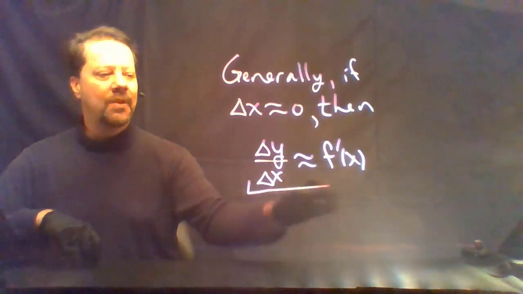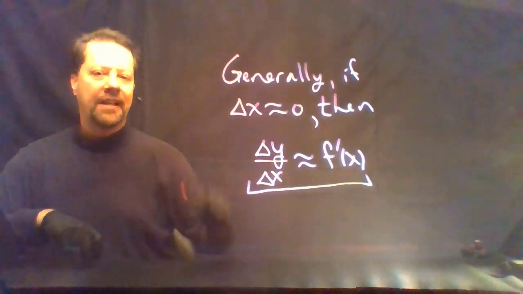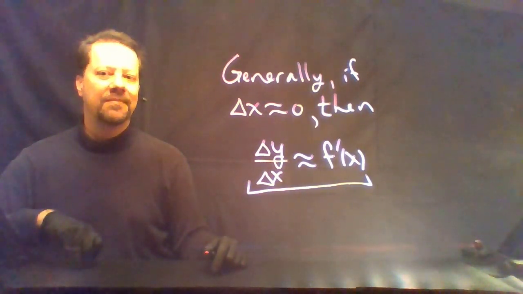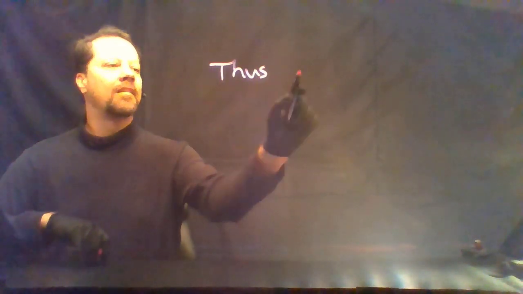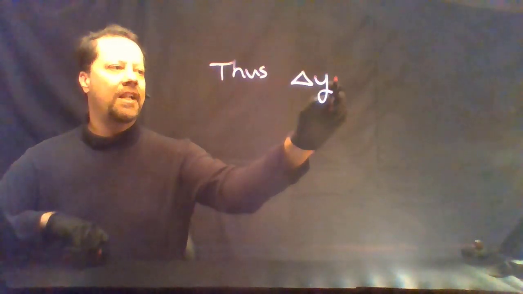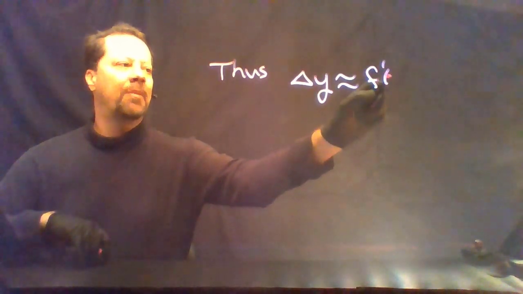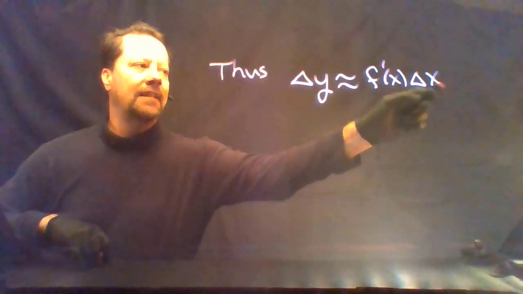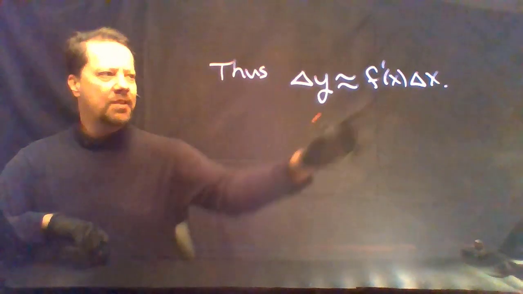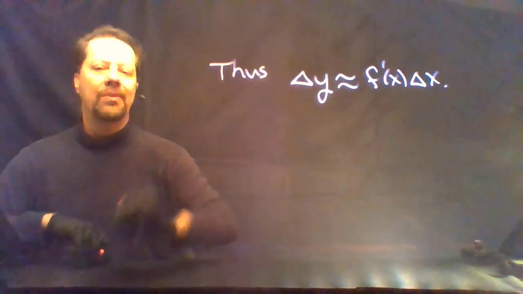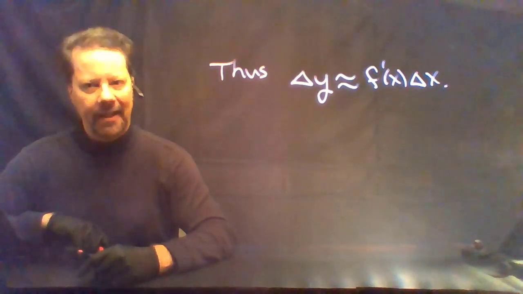But generally you only get an approximation if delta x is close to 0. It follows then that the change in y is approximately f prime of x delta x. A small change in x can lead to a small change in y.